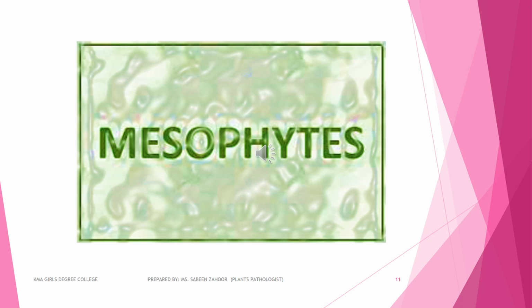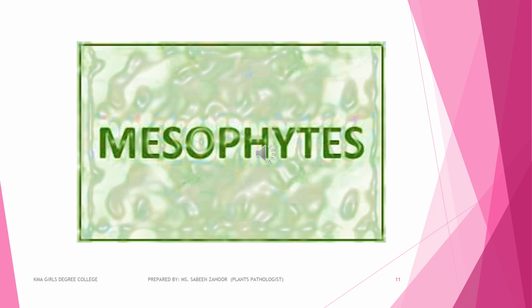Mesophytes are those plants which grow in intermediate conditions, in moderate temperature and moderate amount of water. They don't need a large amount of water like the hydrophytes. They don't need high temperature like desertic conditions.